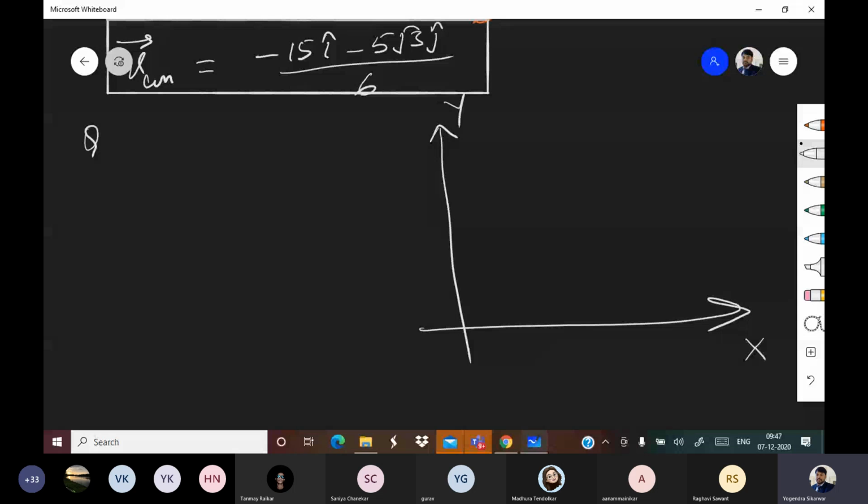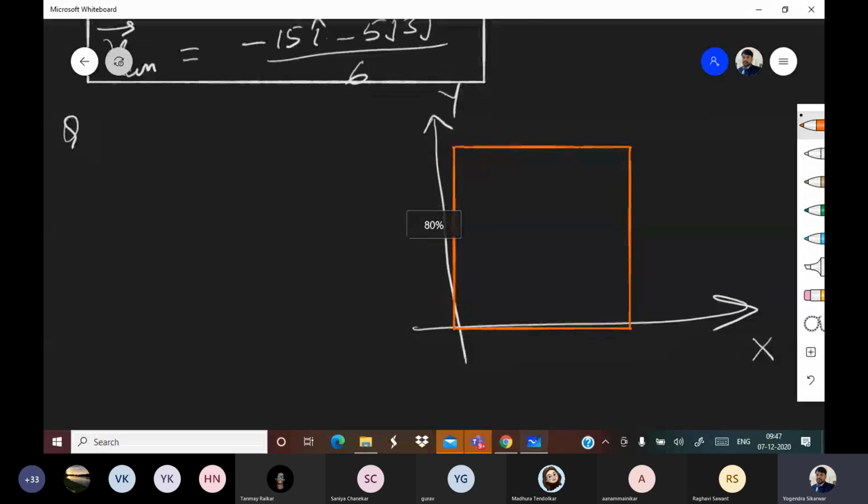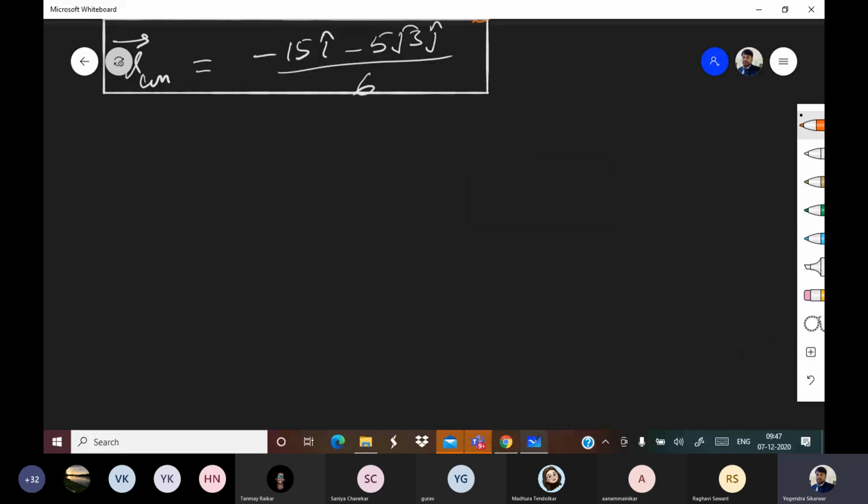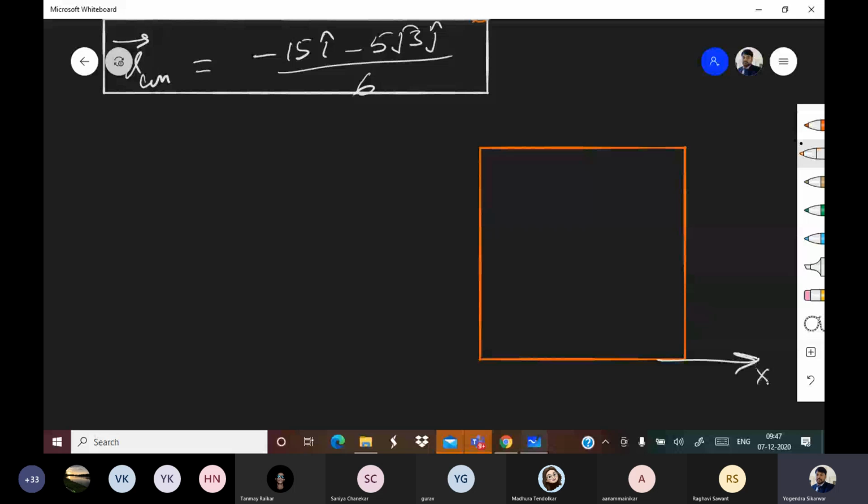This is x-axis, this is y-axis. This is 2m, this is 3m, this is 4m, and this is m.